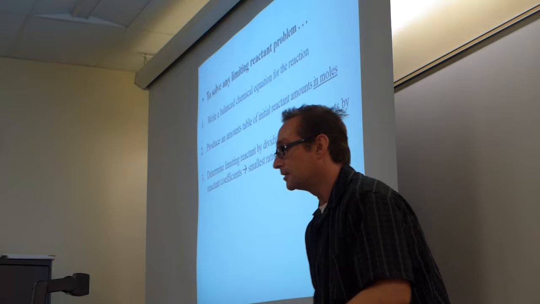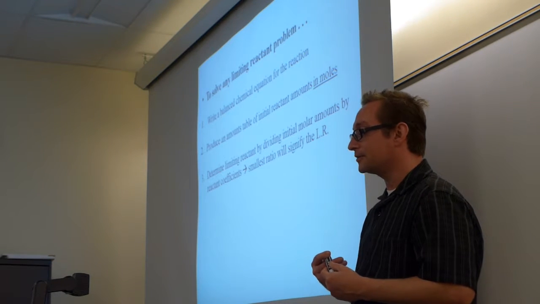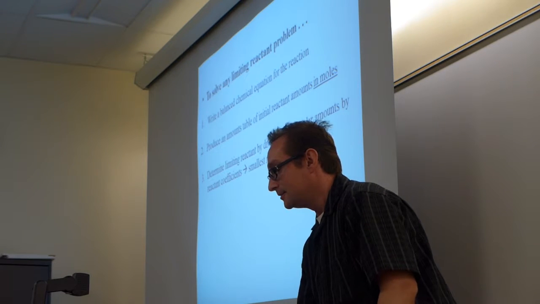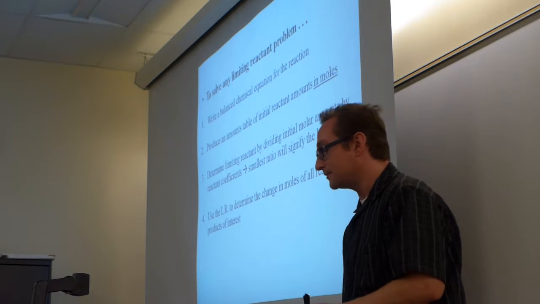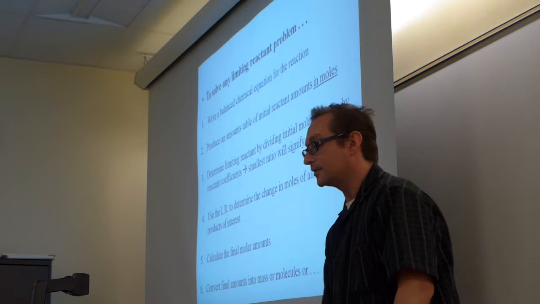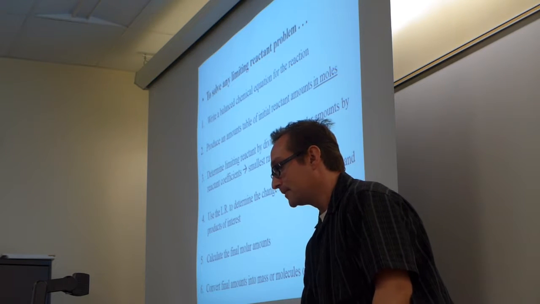Determine the limiting reactant by dividing the initial molar amounts by the reactant coefficients. And the smallest ratio gives you which one's limiting. Use the limiting reactant to determine the change in moles for all other reactants of interest or products. And then calculate final molar amounts. Convert the final molar amounts into mass, molecules, or whatever it is.